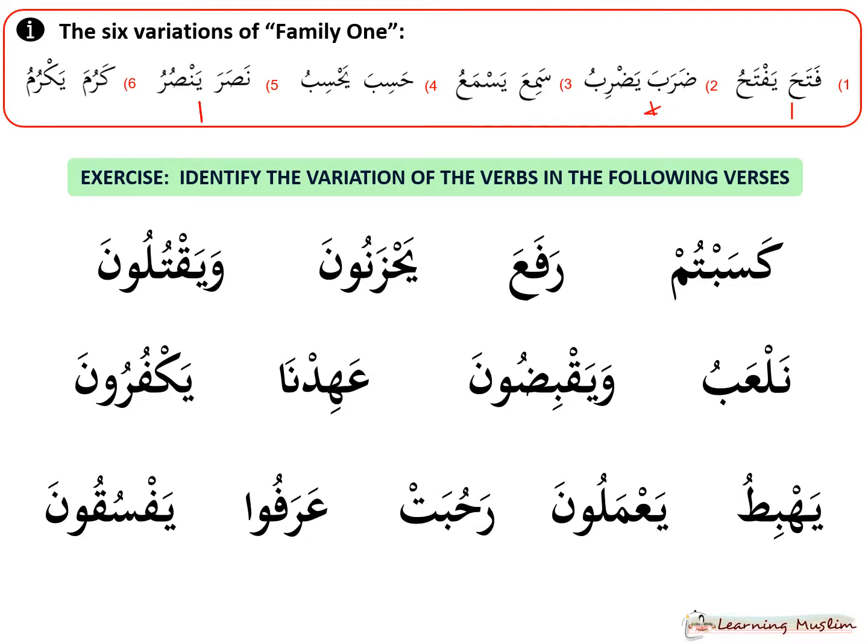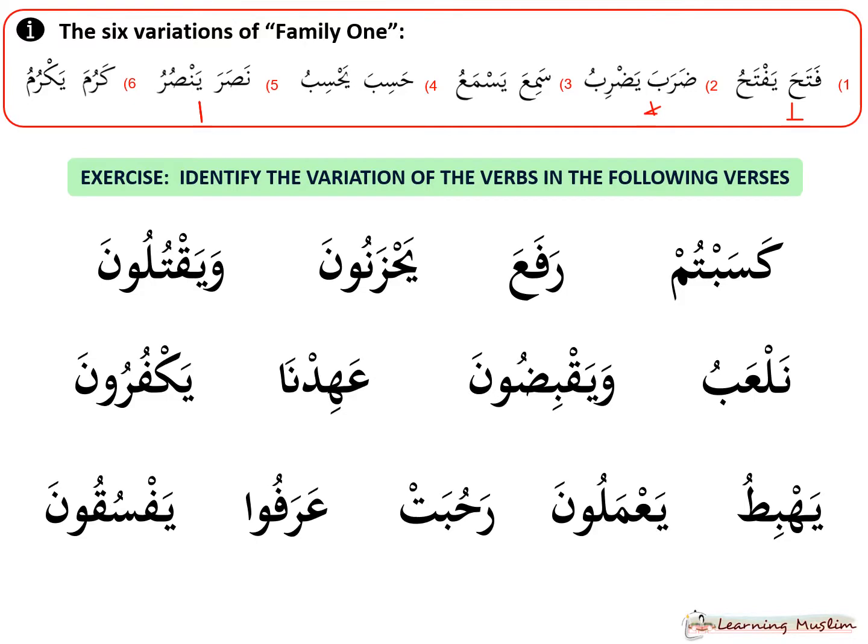Next one, rafa'a. So rafa'a could also be fataha yaftahu, daraba yadribu, or nasra yansuru, because it's past tense. So if you go to the dictionary, you will find rafa'a yarfa'u. So it would be fataha yaftahu. Then next one, yahzanuna. That is present tense, and the zal is the ain kalima, which has a fatha.